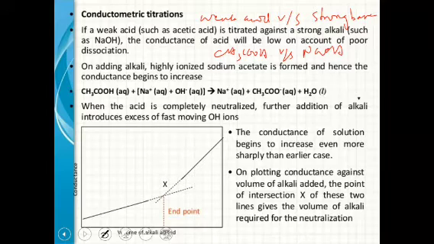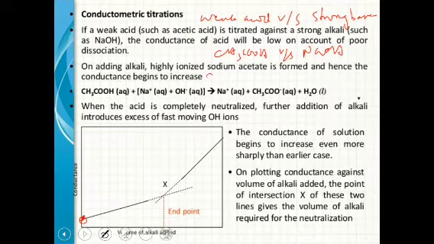Let's see. If you plot a graph between the conductance versus volume of the NaOH, first of all, if you observe the graph, initially there are low conductance values. This is due to the weak electrolyte. Here, what is the weak electrolyte? That is acetic acid.